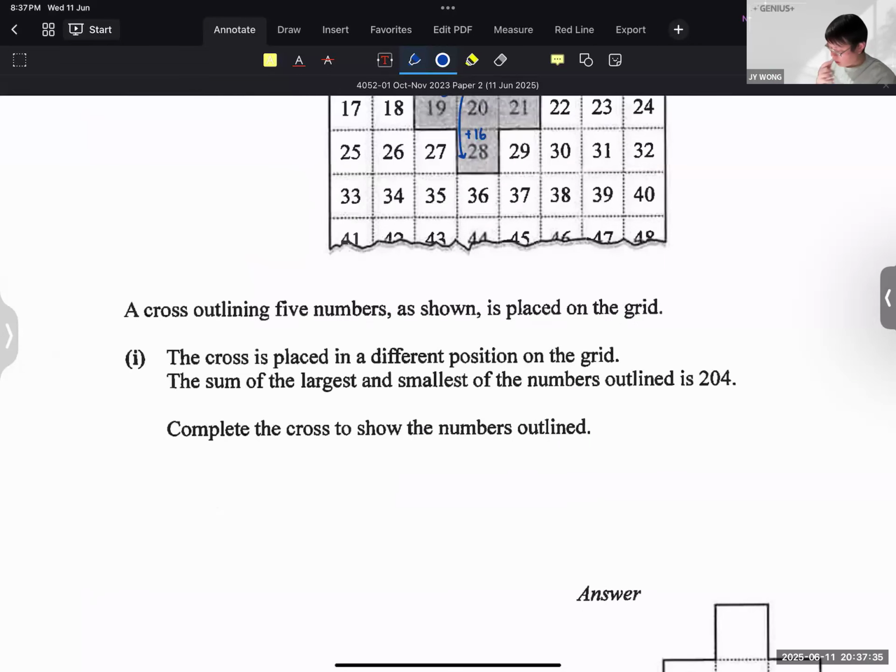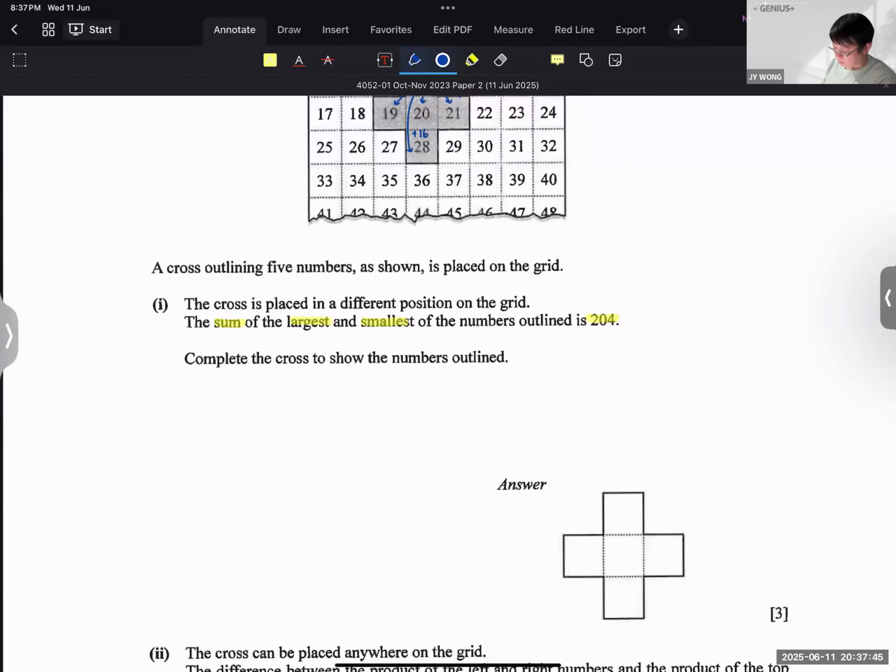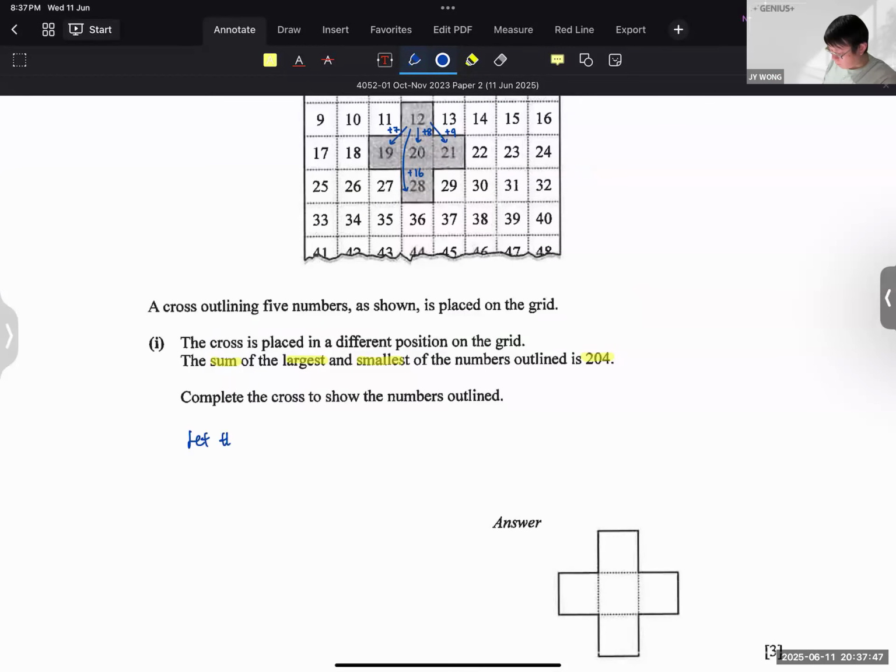Okay? So if the sum of the largest and smallest of the numbers outlined is 204, complete the cross to show the numbers outlined. So let the smallest number be x. So your largest number, based on the relationship that we can identify above, will be x plus 16.